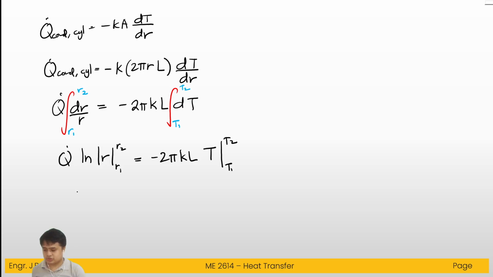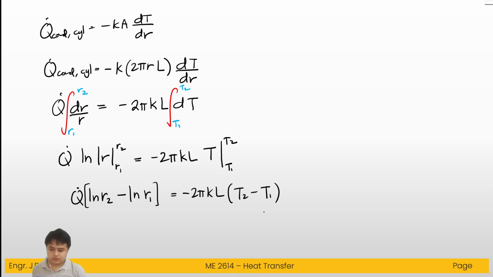Simplifying this definite integral, you have q times ln r2 minus ln r1, equals negative 2 pi kL times T2 minus T1. We are assuming r is positive anyway, so I'll remove the absolute value.